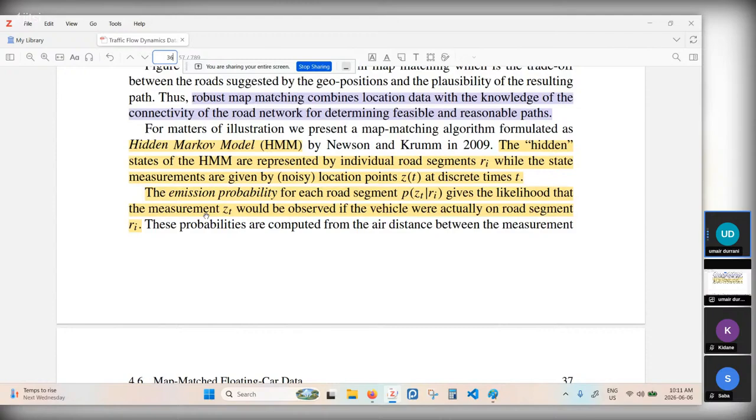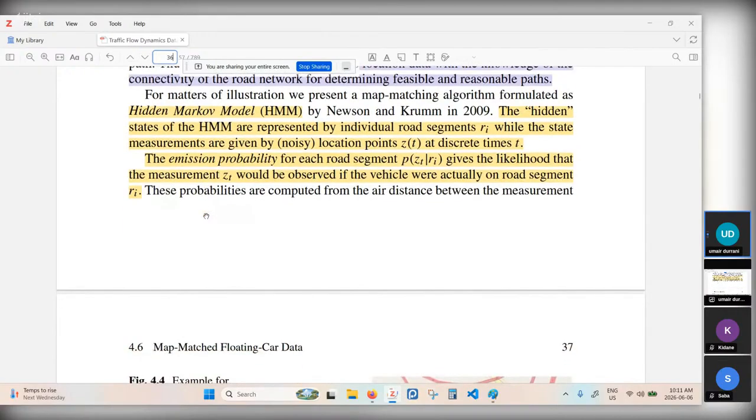And we also have actual measurements, also called state measurements, which are about the location points, z of t. So z of t are, for example, x1, comma y1. X1, y1 are telling us the geographic coordinates of where you are, and Ri is the road segment that we think you are on, given what we have about the location.